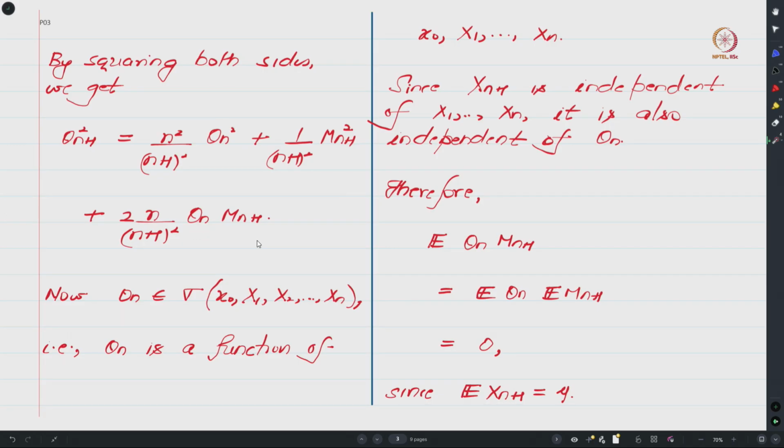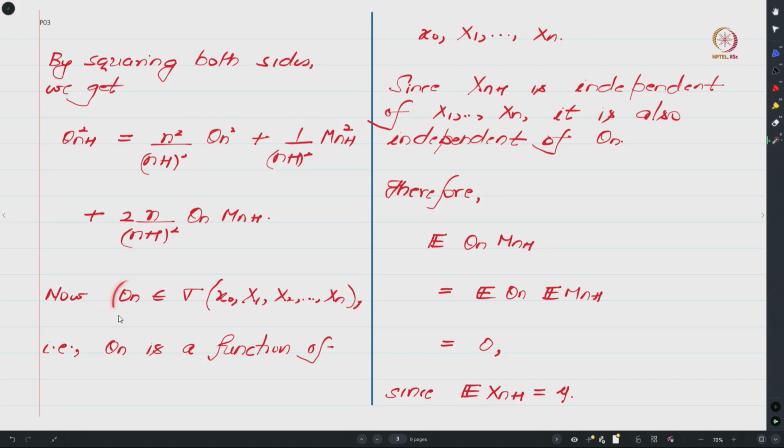Now it is easy to check that theta n is actually a function of your initial estimate and the samples that we have observed, that is x1 all the way up till xn.